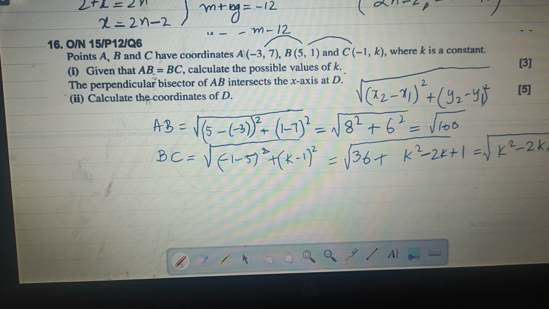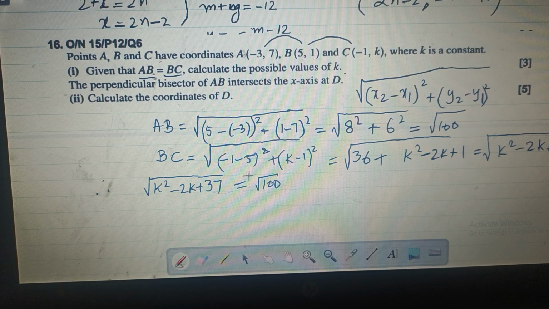Now according to the given condition, AB is equal to BC, I am placing both of these values equal. So I am saying here, root of k square minus 2k plus 37 is equal to root 100.